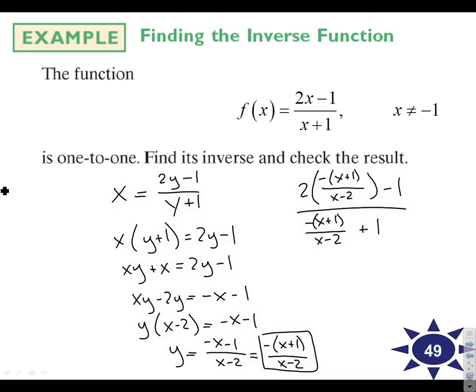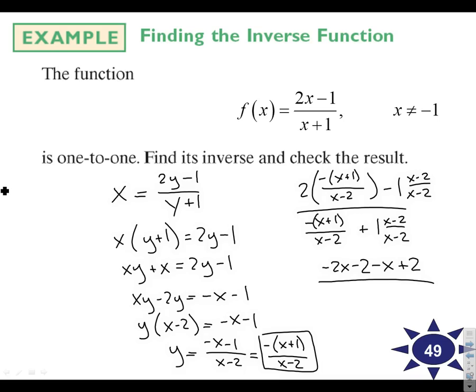So this one will have to be an x minus 2 over x minus 2. Same thing down here. This will be an x minus 2 over an x minus 2. All right, let's clean this up. In the numerator here, we have negative 2x minus 2 minus x plus 2.